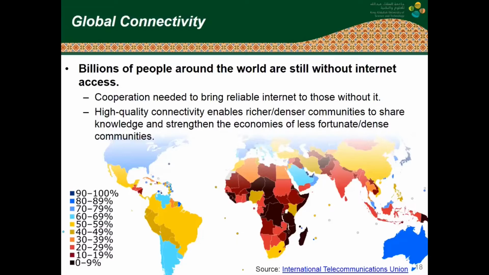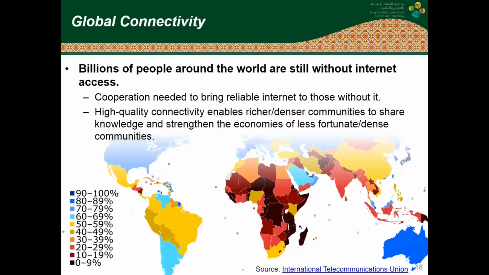All of this is done upfront, and at the end of the day, these MNOs need to get back their return on investment, and the way they do it is by installing their equipment, their base stations, in highly dense urban environments.